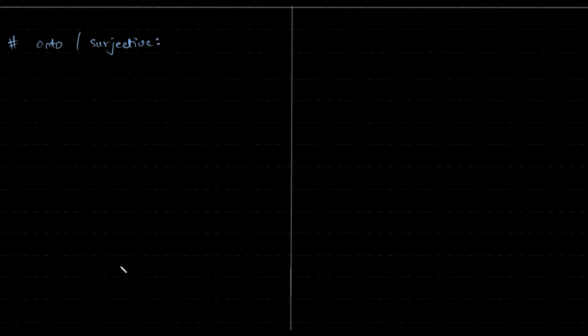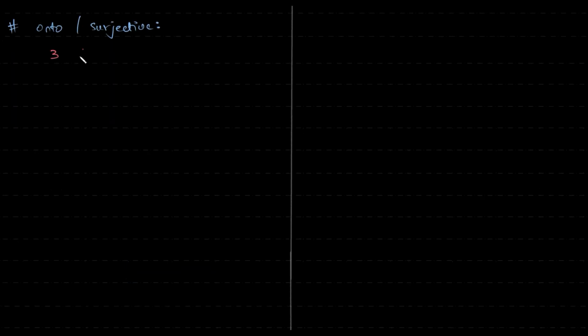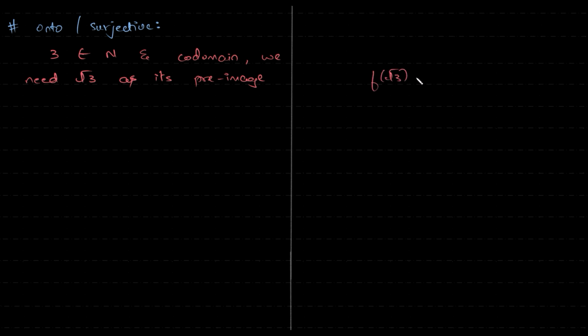So we'll write it in this way. 3, which belongs to natural number, and the codomain, we need root 3 as its pre-image. Only when I have f of root 3, I'll get root 3 square, which is equal to 3 at the output, right? That's what I mean over here.